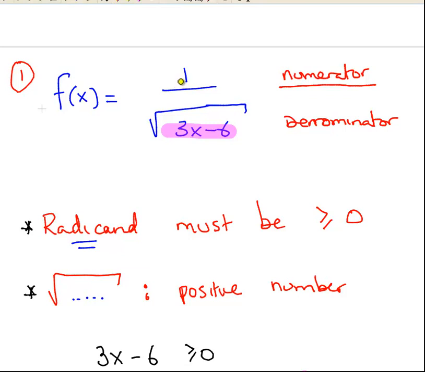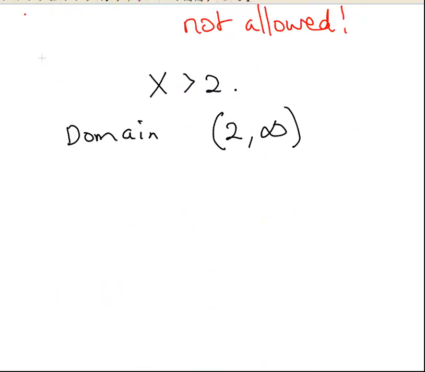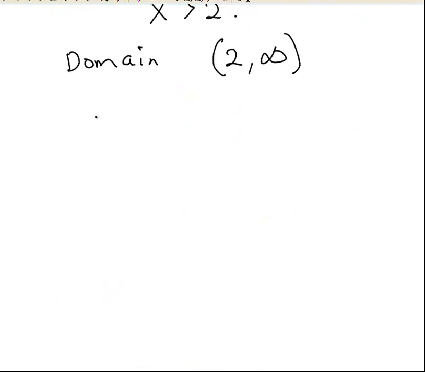Because for a fraction, we can't get a negative number here. Okay, first off, we can get any positive number, but can we get 0? No. We can't get a 0 outcome here. If we have a fraction, the only way a fraction can be 0 is if a over b is 0, where a is the numerator and b is the denominator. The only way this will work is that a has to be 0.